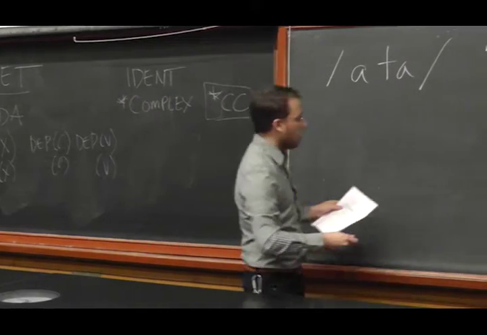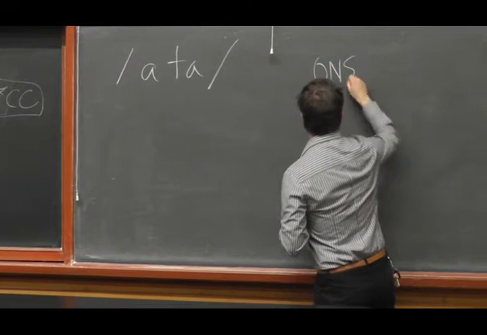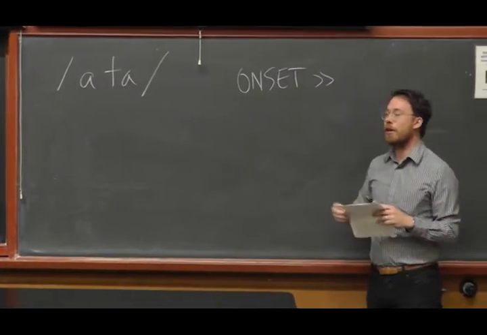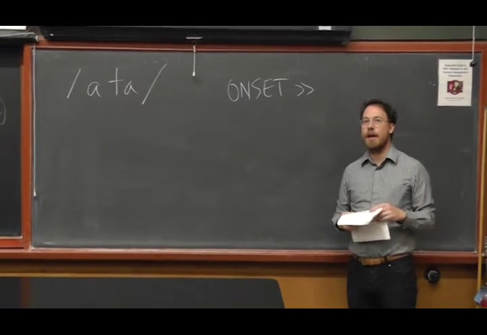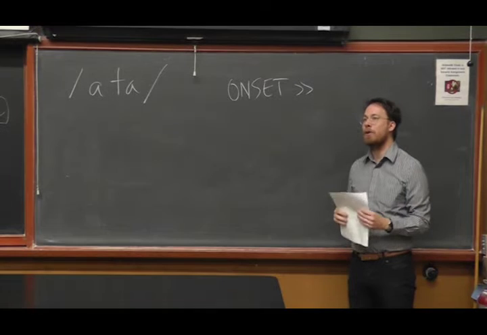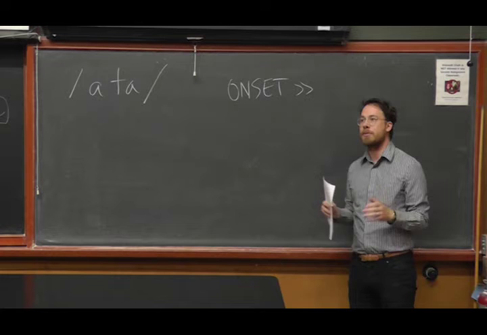So if we have an order, let's say we have this order. Onset. And we use this convention to indicate that this is ranked higher. It's to the left within the tableau. It's the first part of the evaluation algorithm, so to speak.